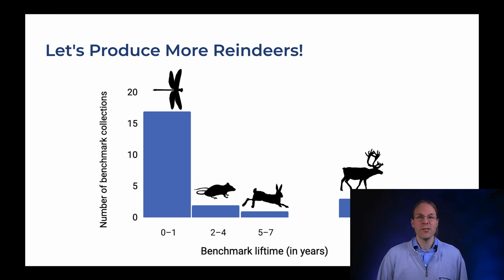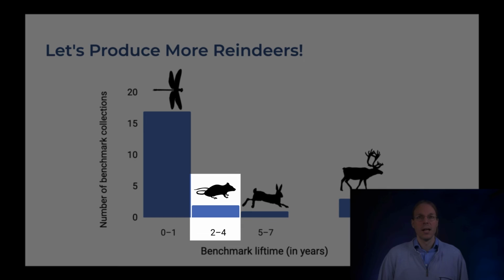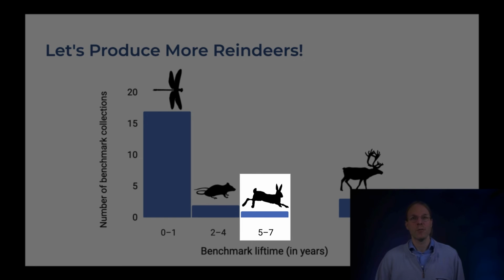If we look at the lifespan of benchmarks compared to the lifespan of animals, we see that most benchmarks have the lifetime of a dragonfly, which is up to a year. A few benchmarks live slightly longer, which is about the lifetime of a mouse, a few years, or even the lifetime of a hare, 5 to 7 years.